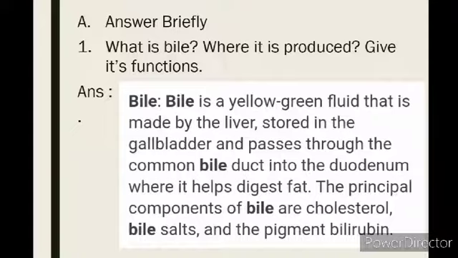Bile is a yellowish green fluid that is made by the liver, stored in the gallbladder and passes through the common bile duct into the duodenum, where it helps digest fat. The principal components of bile are cholesterol, bile salts, and the pigment bilirubin.